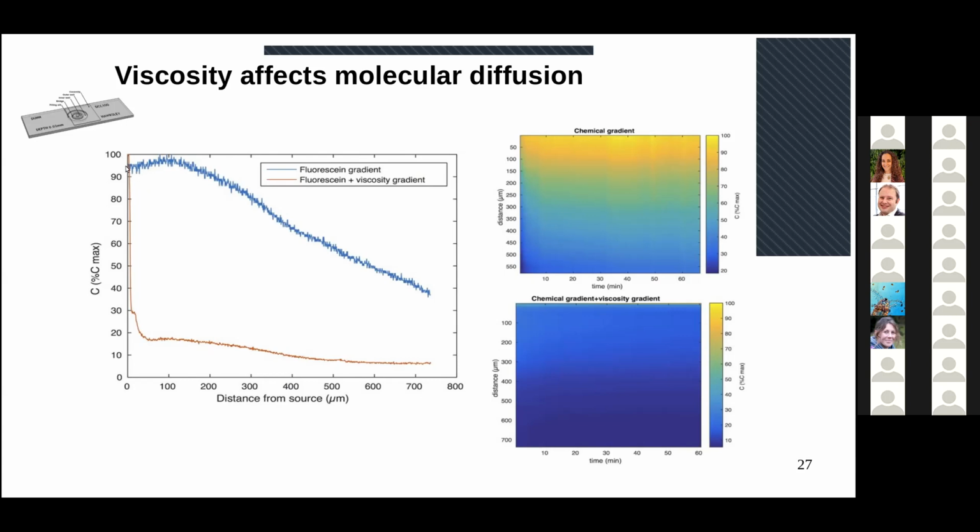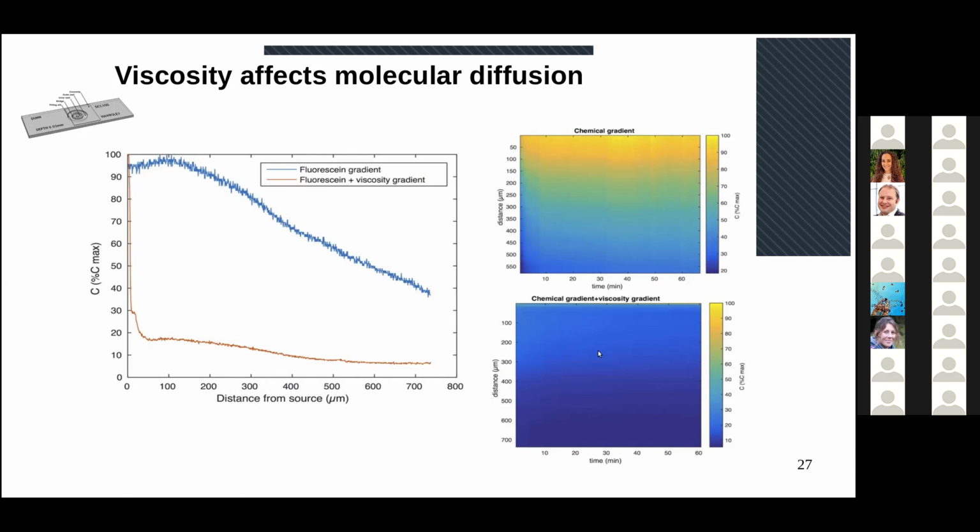When there's only fluorescein, given the geometry of this chamber, we expect a linear gradient. But when we add viscosity, this is not the case anymore. We have a very, very sharp drop in the concentration of fluorescein. And when we look at the dynamics of this, the time course of these chemical gradients without and with viscosity added, we can see that the difference can be quite substantial.